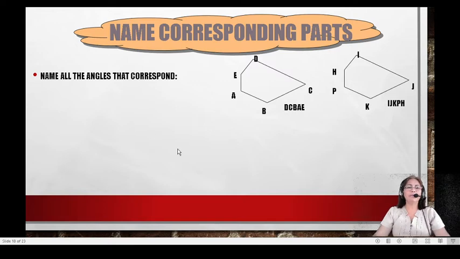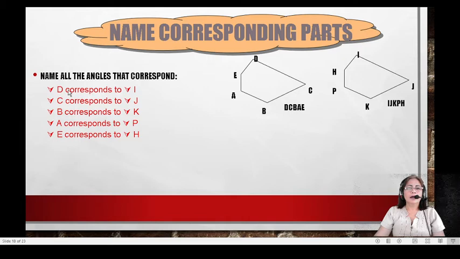Name corresponding parts. We're going to name all the angles that correspond between this polygon and this polygon. Corresponding angles: angle D and angle I, angle C and angle J, angle B and angle K, angle A and angle P, angle E and angle N.